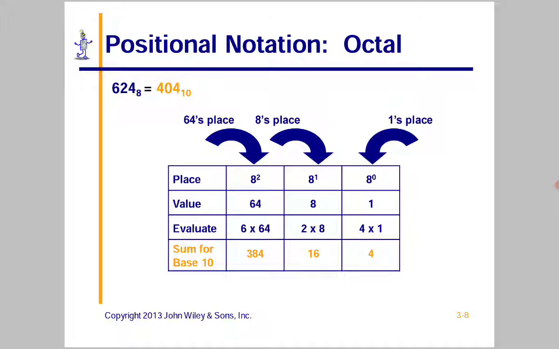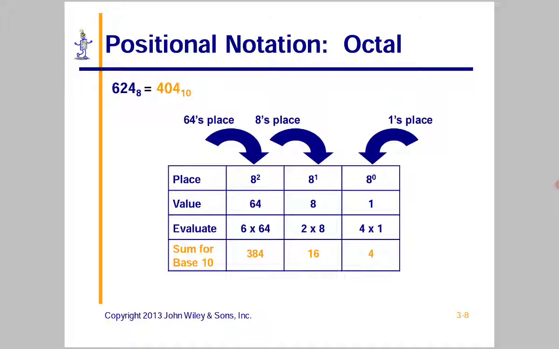Next is octal. How do we use positional notation in the octal number system? For example, octal 624 is equivalent to decimal 404. How is it converted?